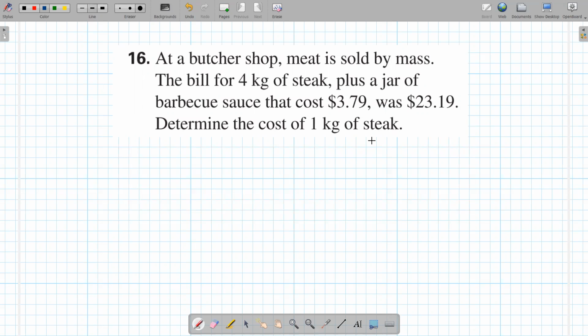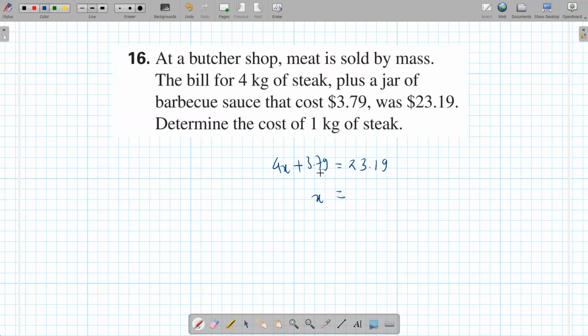Yeah. Again, remember, X is the cost of 1 kilogram of steak. So 4x plus 3.79. Yes, there we go.